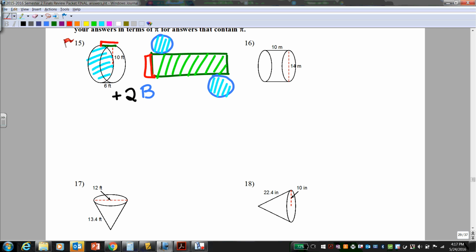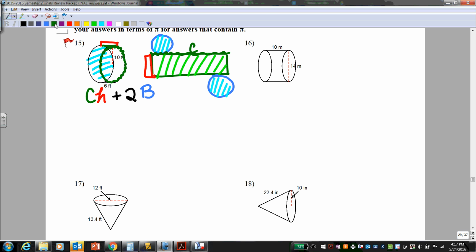So in this case, that'll be 6. And then here's the only tricky part. This edge here, if you look at it in the original, that length, if you will, is actually the circumference. So that's how we get surface area of a cylinder. Circumference times height, plus 2 bases.